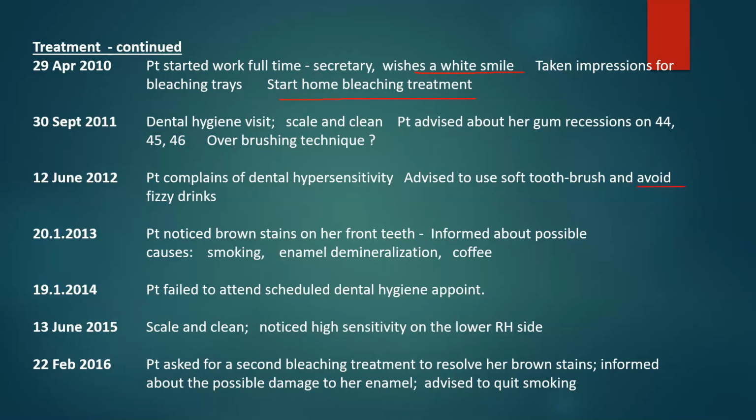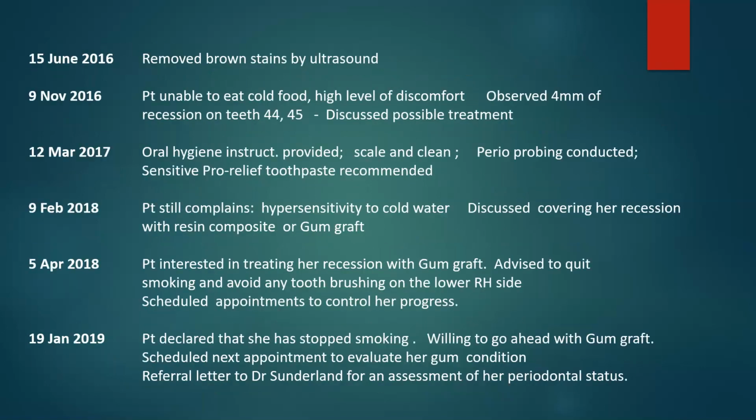She was told avoid fizzy drinks with all that sugar. Okay, the patient noticed brown stains and she was told about the possible causes because she smokes and she drinks a lot of coffee, so the enamel is demineralizing. What else have we got here? Brown stains were removed by ultrasound.